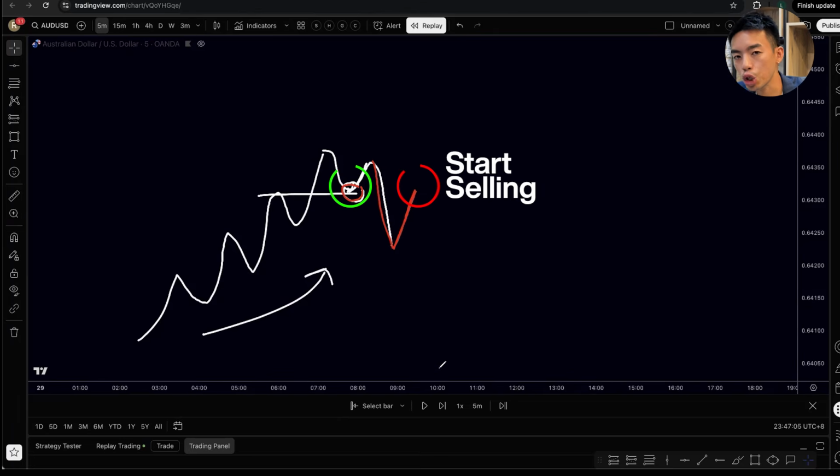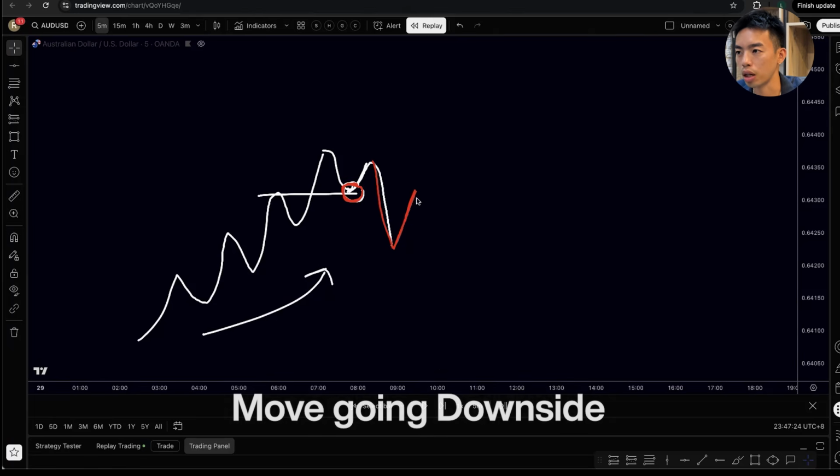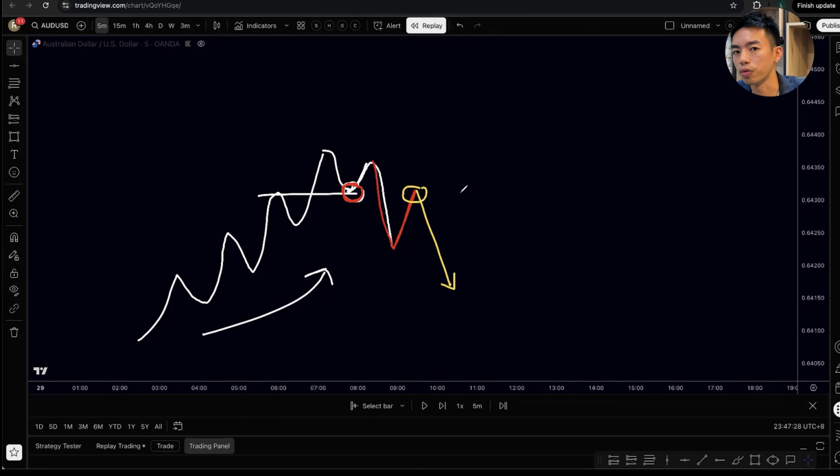And if enough traders are all thinking along the same lines, selling off their position at this same spot right here, that's going to cause a move towards the downside. This right here, at Urban Forex, we call a release. Basically, any trapped traders right around here are releasing their sell orders on this particular move.